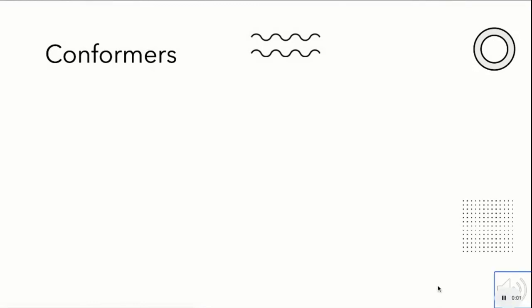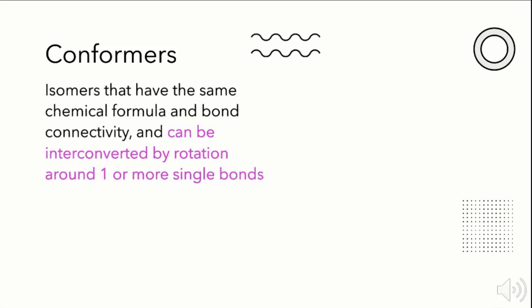Before we talk about what enantiomers and diastereomers are, we're going to talk about what they aren't, and what they aren't are conformers. Conformers are isomers that have the same bond connectivity sequence and can be interconverted by rotation around one or more single bonds.